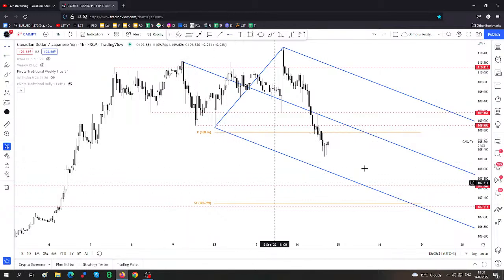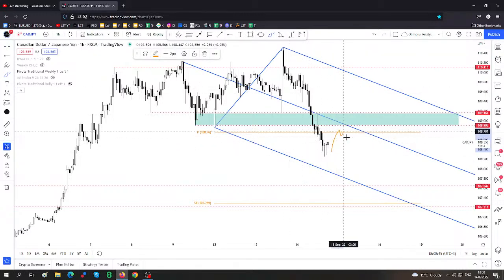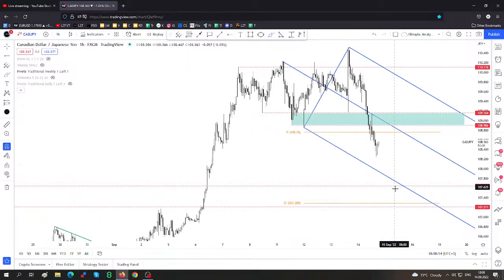Also here, 108.90 breakdown retest, but maybe here something like a rebound, test, retest could bring us new short opportunities on the Canadian dollar, Japanese yen. But I'll wait for confirmation. After the false breakout and breakdown from this range, that's why I believe that the Canadian dollar, Japanese yen could drop deeper. Okay, but I will look for shorts here around these levels.